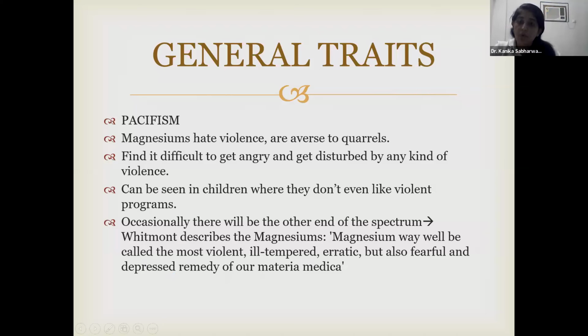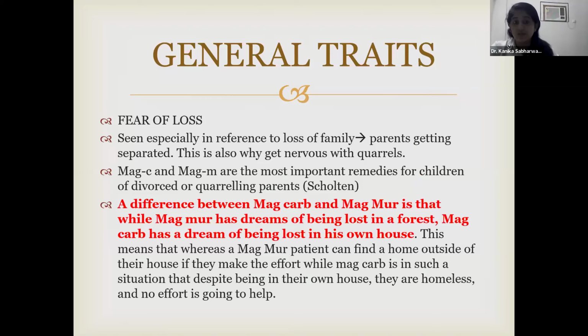So this polarity is seen, but more magnesiums you will find in the passive category. Why is that? Because there is a fear of loss. They feel that if I disturb the harmony, then I will lose that relationship. Shorten says Mag carb and Mag mur are the most important remedies for children of quarreling or divorced parents.